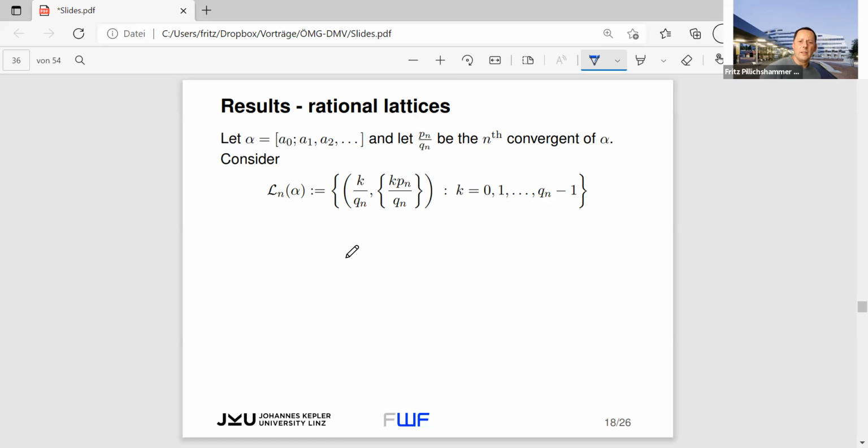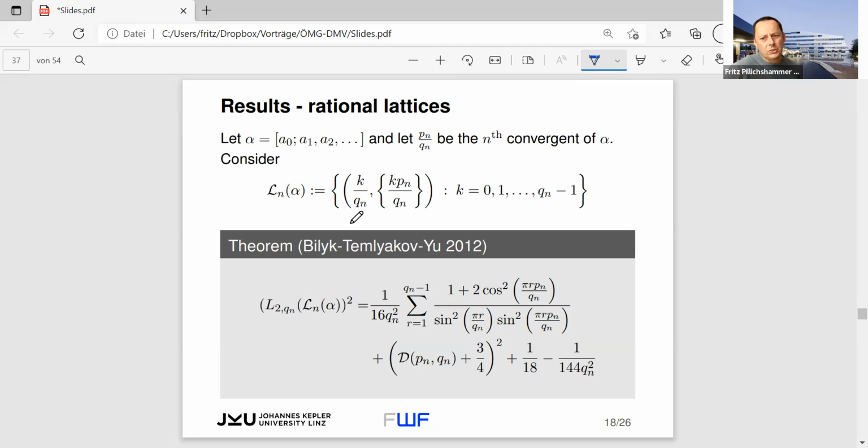Also, this type of point set, these lattices, are very well studied and often studied in discrepancy theory. And also for this type of point set, we have an exact formula for the L2 discrepancy, which was proven in 2012 by Pillichshammer, Temlyakov and you. You can see here this nice formula for the squared L2 discrepancy of point sets of the type given above. Maybe on first sight it looks slightly complicated or confusing, but it's not the case.